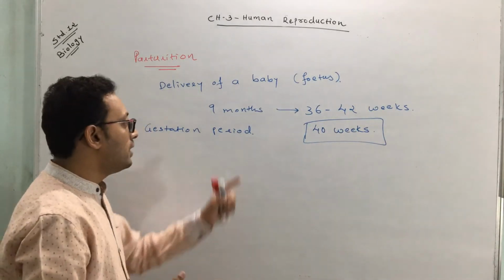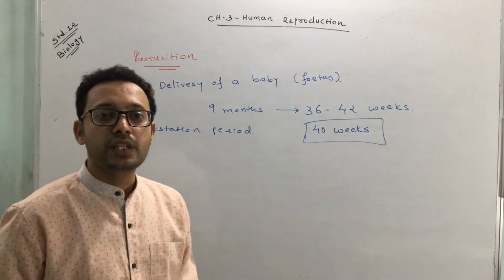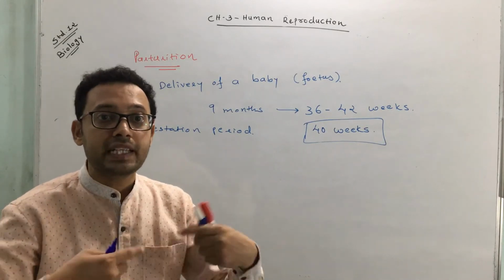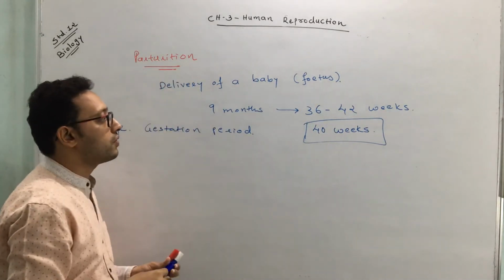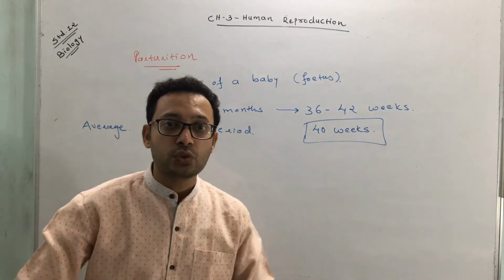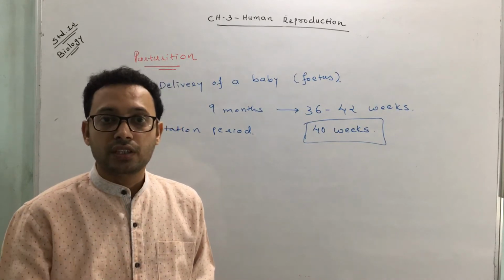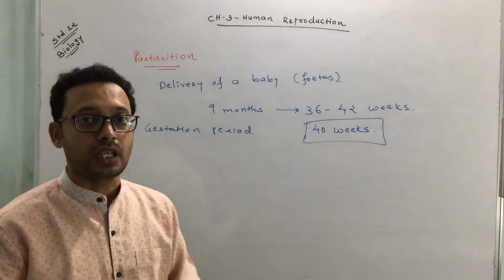Okay. Now once these 40 weeks or 42 weeks are over, meaning full development of a baby has taken place, the baby is ready to be delivered, and that process of delivery of a baby is what we call parturition. So how does the body come to know that the 40 weeks are over, and the process of parturition has to start?